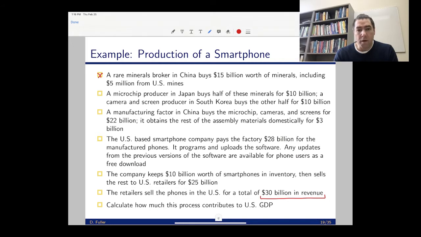So what in this would count towards U.S. GDP? Well, remember, GDP is the market value of final goods and services produced in a country at a given period of time. So what we see here is that from the U.S. GDP perspective, there's $5 million of value added.